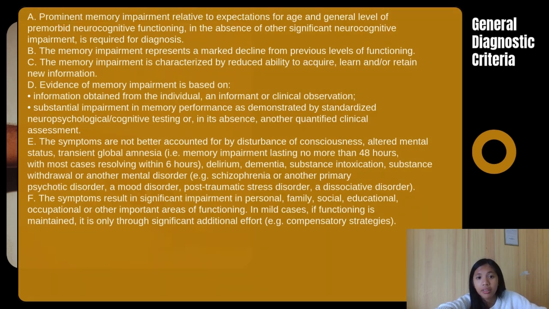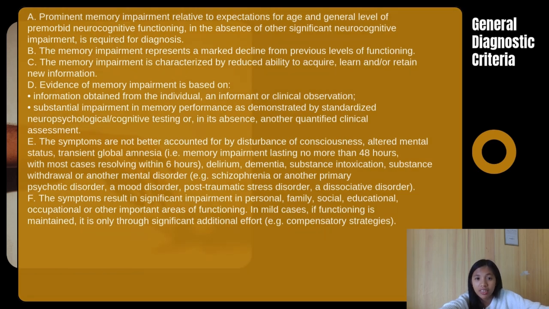Letter C, the memory impairment is characterized by reduced ability to acquire, learn, and or retain information. Yung main problem kasi is with learning new information or remembering recent things. Not so much forgetting things from a long, long time ago or yung parang sinabi ko kanina, nakalimutan niya yung asawa niya tapos as in wala. That's how usually it is depicted in drama.